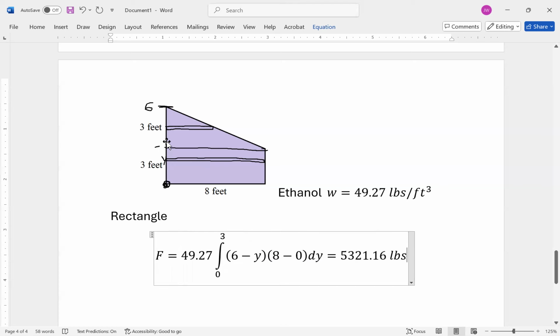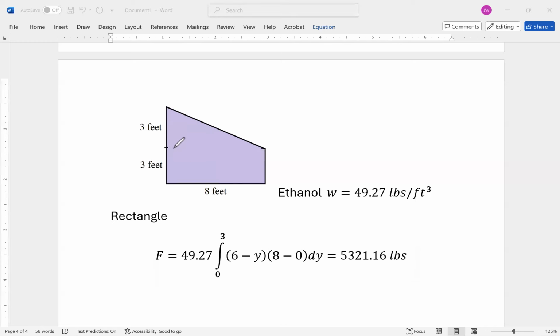Now I'm going to do the triangle. And when I do the triangle, I'm going to utilize a different origin. When I do this upper triangle, I think I'm going to put my origin right here at the top so that this line becomes y equals -3 over 8 times x.